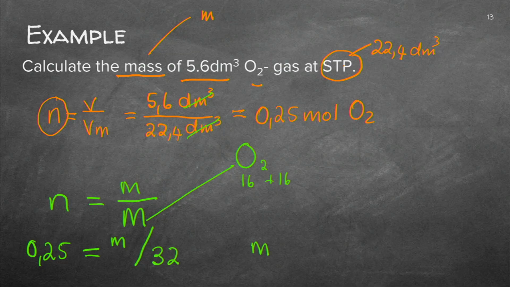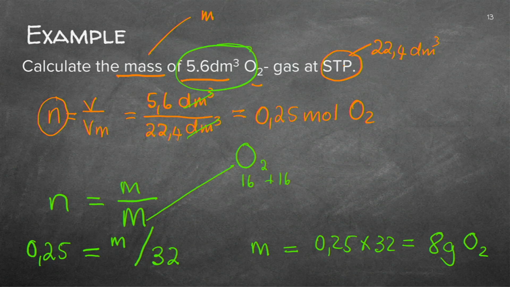And your mass will then be 0.25 multiplied by 32, giving you an answer of 8 grams of what? Of oxygen. So if I had that volume, I could calculate the moles firstly, and then go and substitute it in another equation.